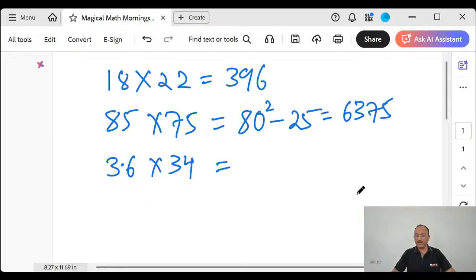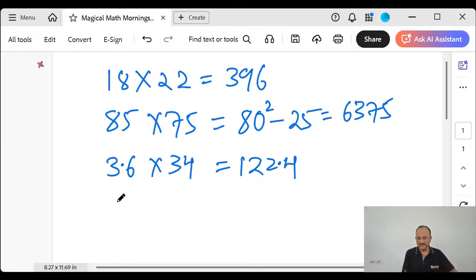Yes, 35 square is 1225, minus 1. We write the answer, leaving one place from the right side and keeping the decimal point. Yes, it requires a little practice, but it's not that difficult, correct?